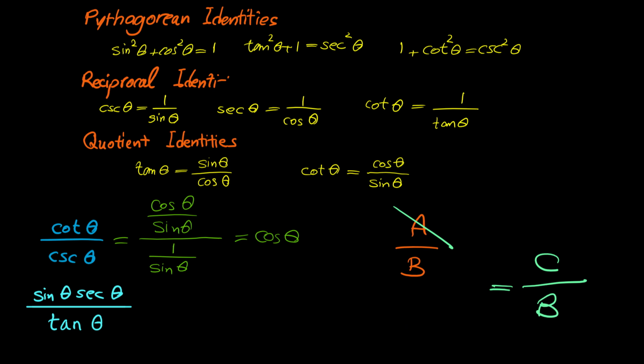So if numerators are the same, you can simplify them. If denominators are the same, you can simplify them. And finally, as you can see, there are different ways that it's really important to know for simplifying expressions. Let me show you the final way for simplifying this.